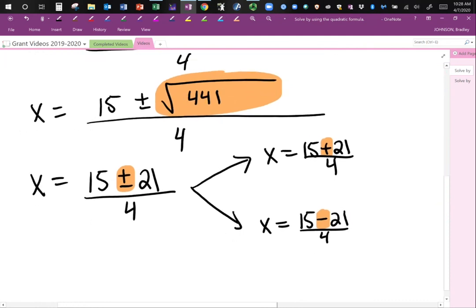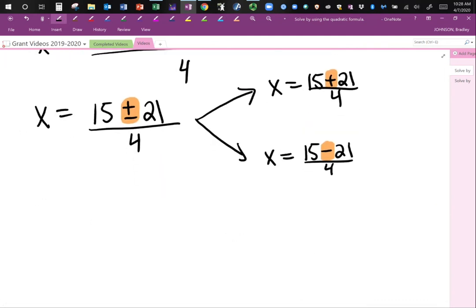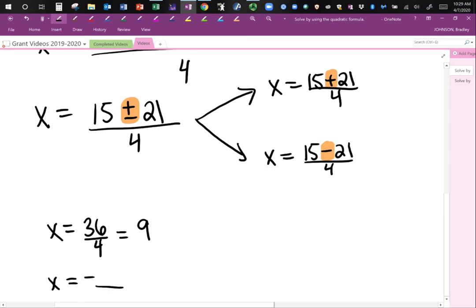Now, what I'll do is I'll go down a little bit and just say x is equal to, now if we do 15 plus 21, that would bring us to 36 over 4, and 36 over 4 would give you x equals 9. Then we have x equals 15 minus 21, so we know we would get a negative. 15 minus 21 gives you negative 6 divided by 4.